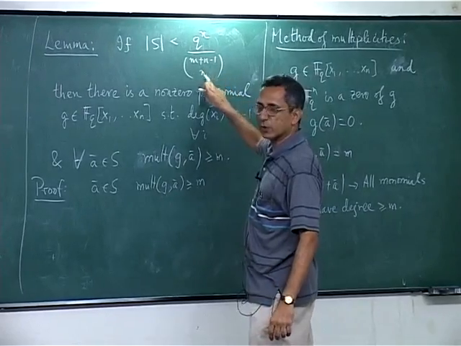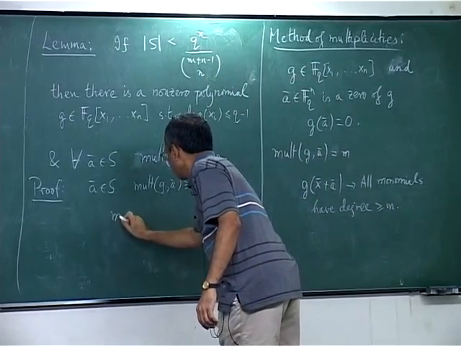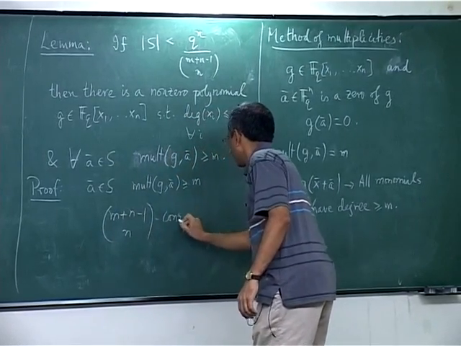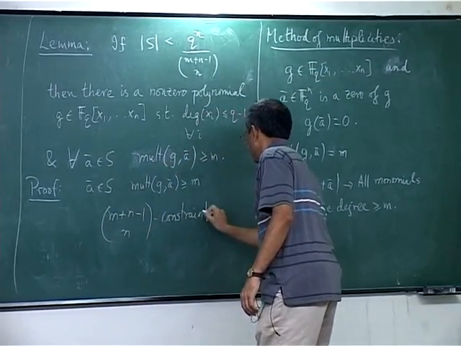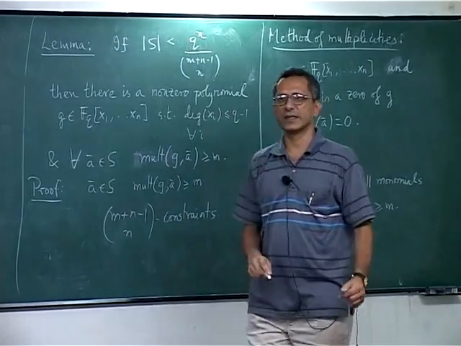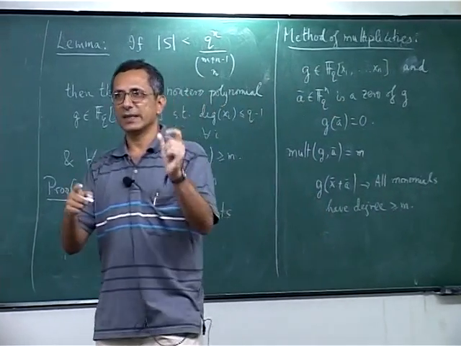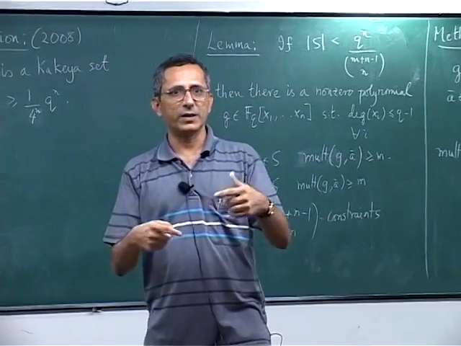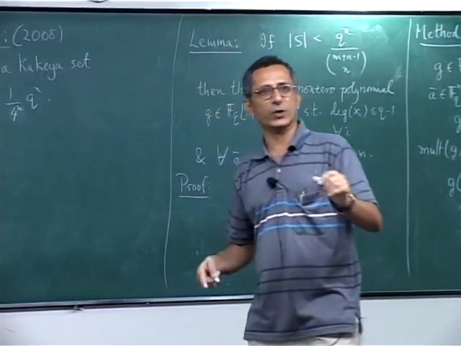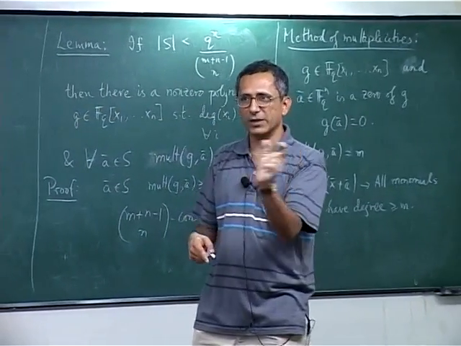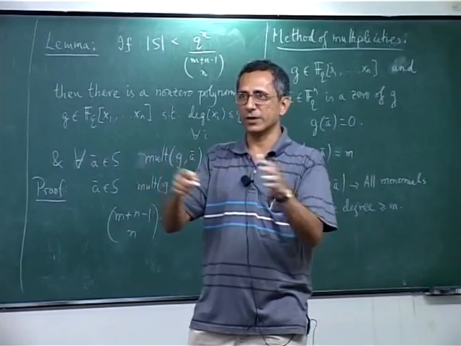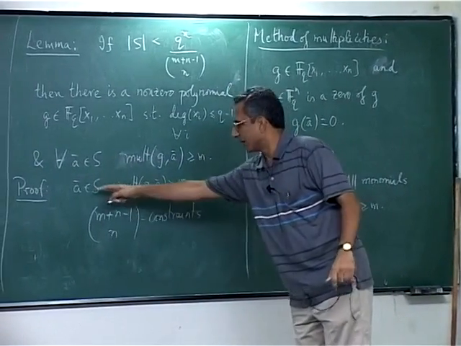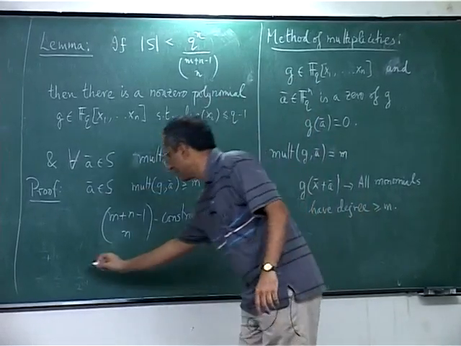M minus 1 plus n, choose n. So, there are m plus n minus 1, choose n constraints. What are those constraints? Take g, evaluate at a bar, the coefficient of every monomial of degree at most m minus 1 equal to 0. Each such equality gives me one constraint. So, there are so many constraints for every point.